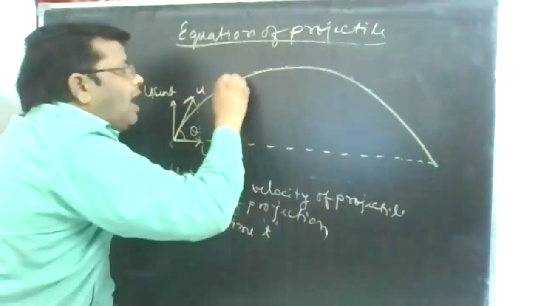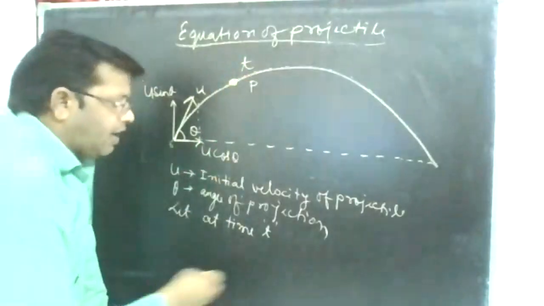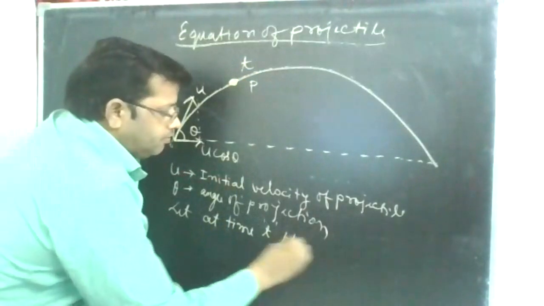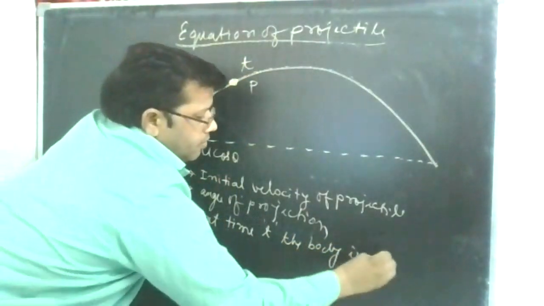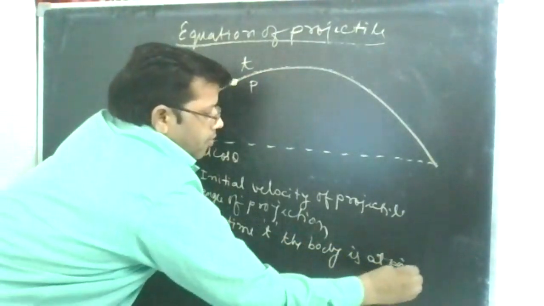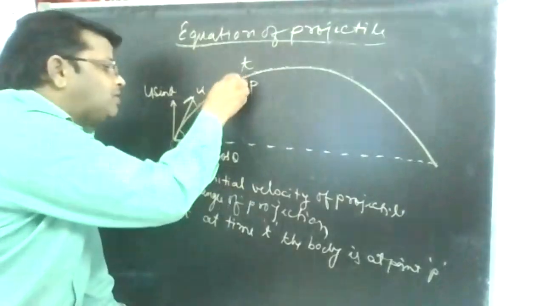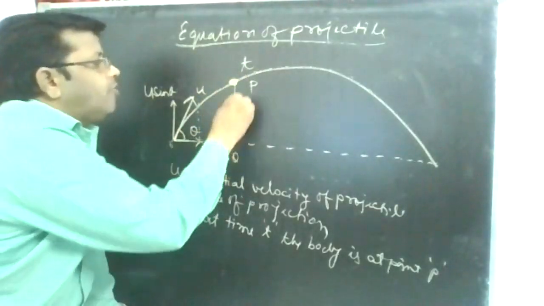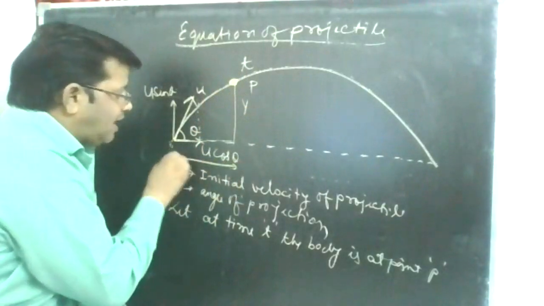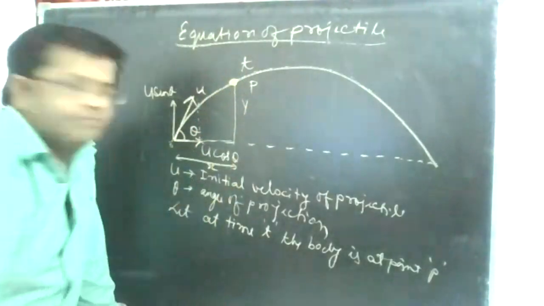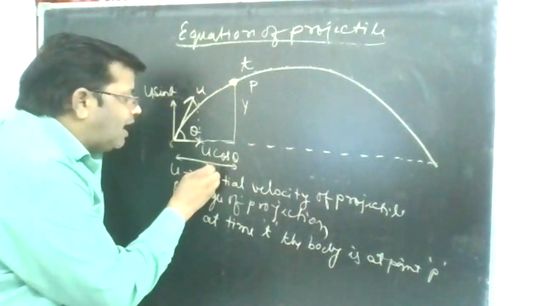We are taking that at any time t, the body is at point P. What is the vertical displacement from the surface? This is y. And what is the horizontal displacement? This is x. The horizontal displacement of the body is x.